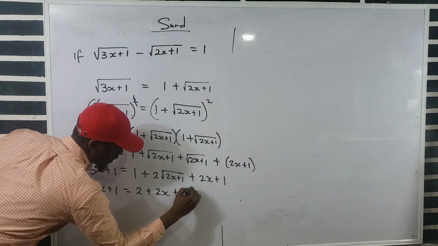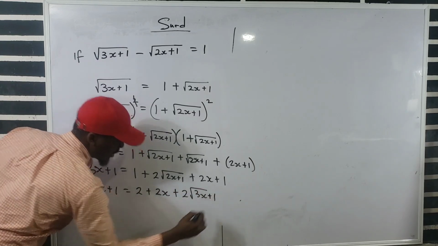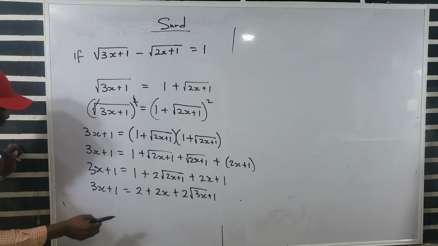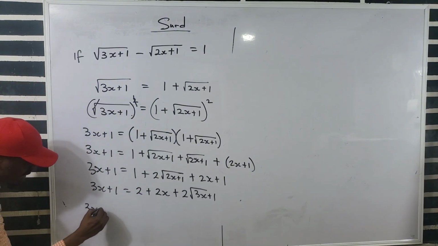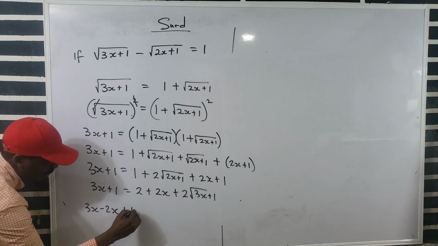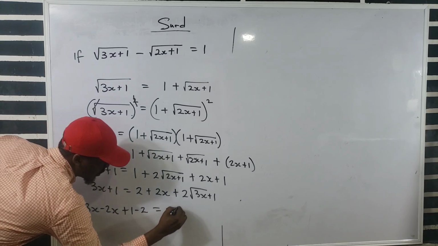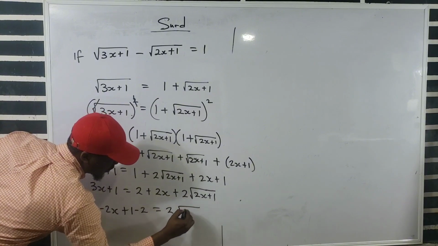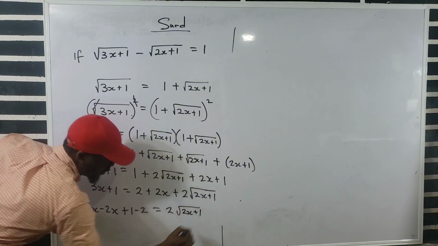Then plus 2 square root of 2x plus 1. Now, we are going to collect like terms. All these ones will come here, okay? So that will give us 3x minus 2x plus 1 minus 2 equals 2 square root of 2x plus 1.